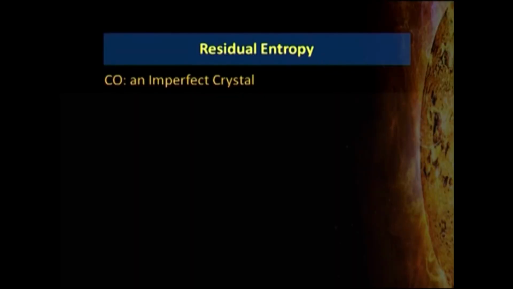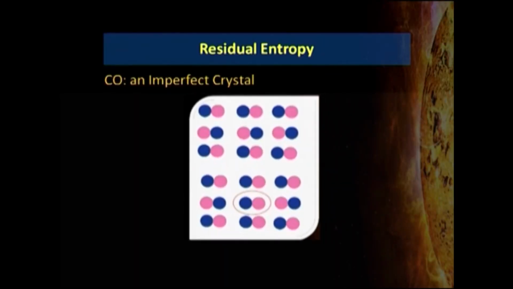There is a finite chance that CO will crystallize as CO, CO, CO instead of CO, OC, CO. For each CO molecule, there are two possible orientations in which a CO molecule can exist.